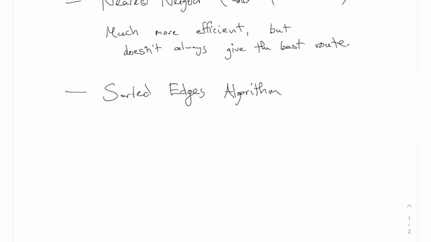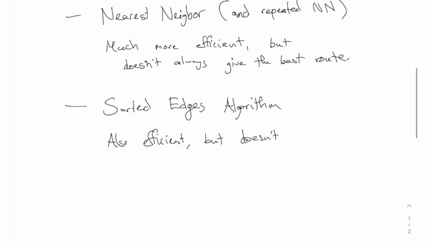Everything we do is by hand. So this is also efficient, but doesn't always give the best answer. So it's just like the nearest neighbor. I mean, you do it differently, but the reason it exists is as a more efficient alternative to the brute force, but still doesn't always give the best route.